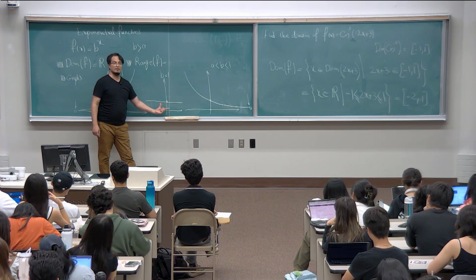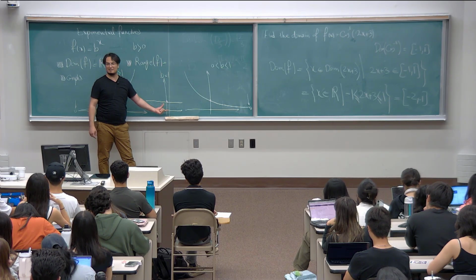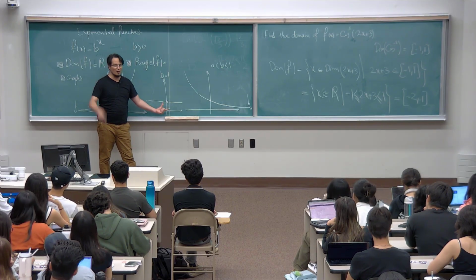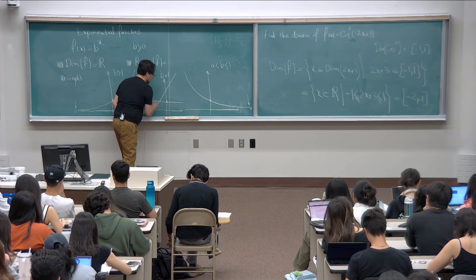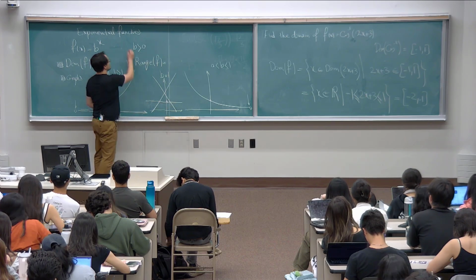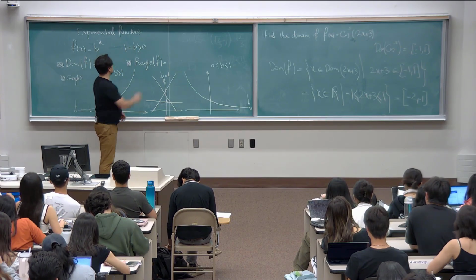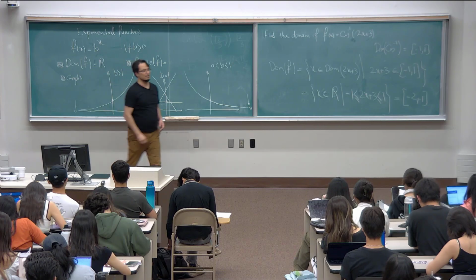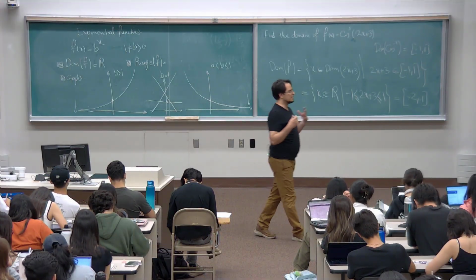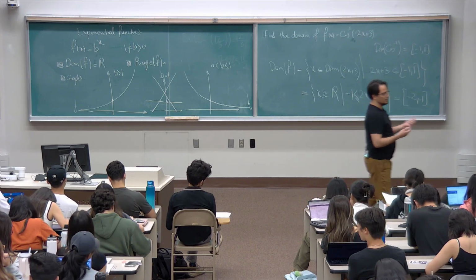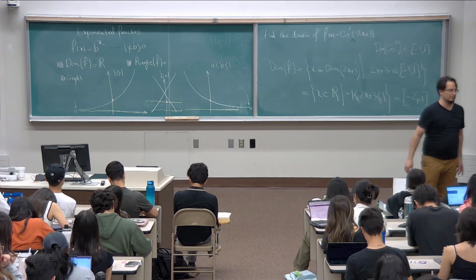This guy is failing one-to-oneness awfully. There's no way you can make this one-to-one. That's why we will exclude the case 1 from the base, for the simple reason that that is a singular value for this kind of thing, and we don't want to deal with that.